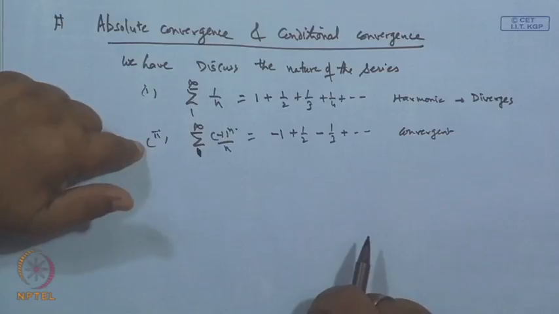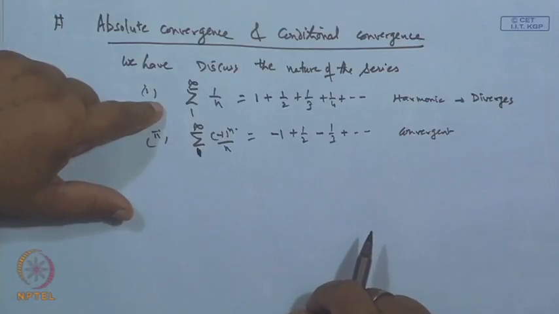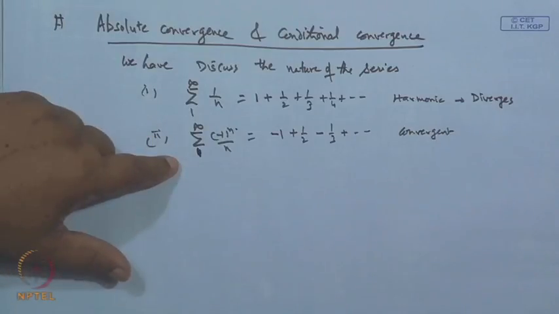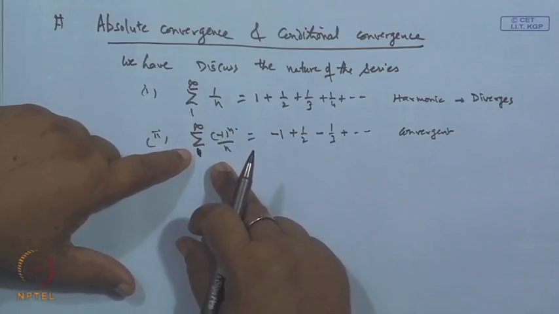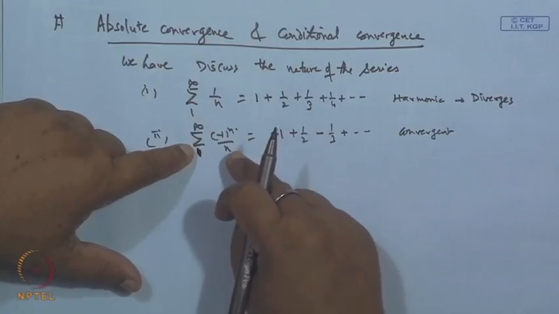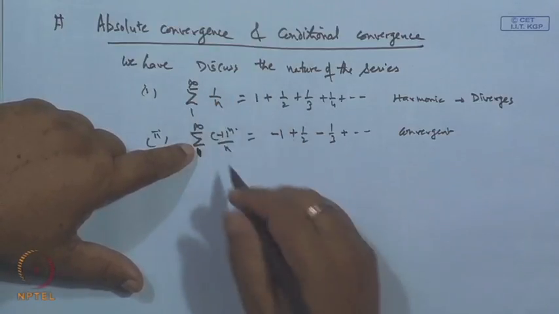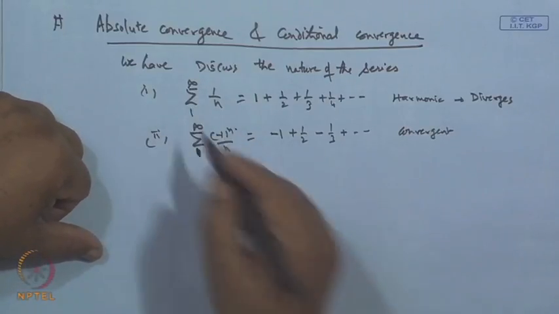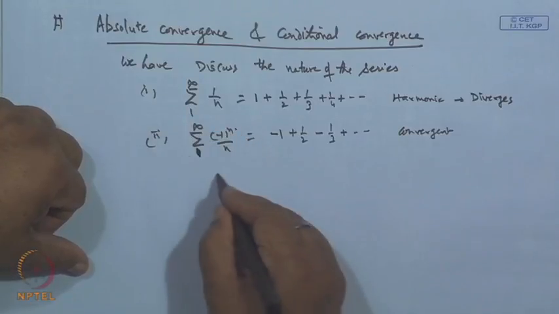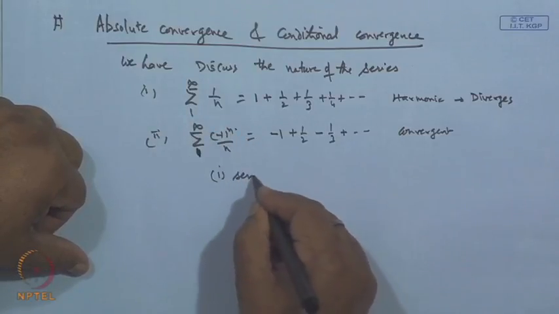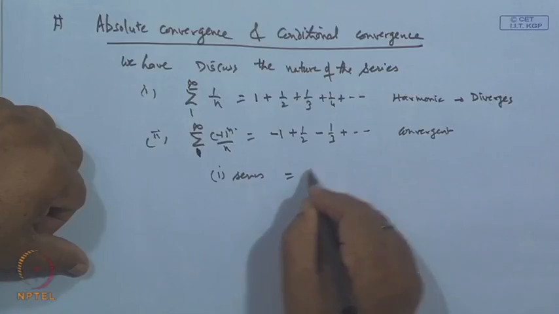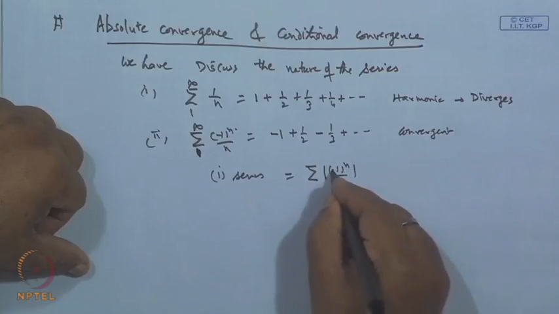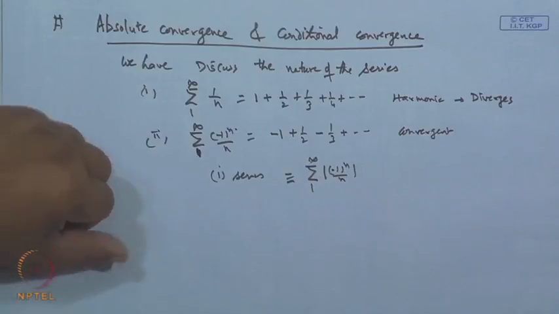Now, these two series give an idea of two different types of convergence. The original series is convergent, but when you replace the terms of this series by their absolute values, because 1 by n is the absolute value of the terms, the first series is nothing but the series of absolute terms of the second.